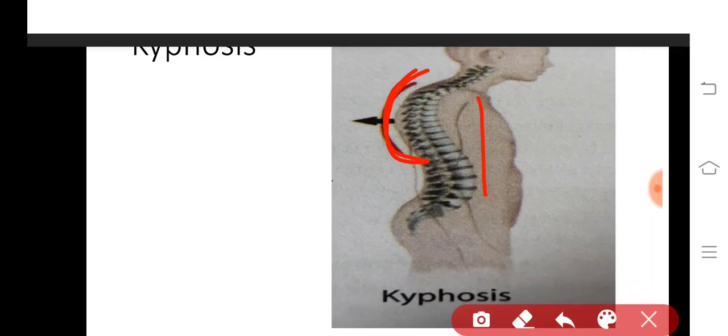This is the most obvious, visible, and commonest spine deformity called humpback.